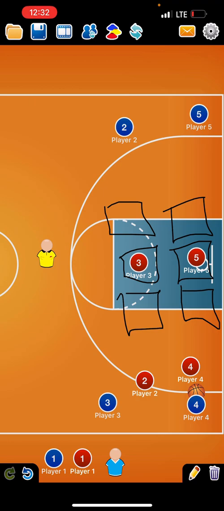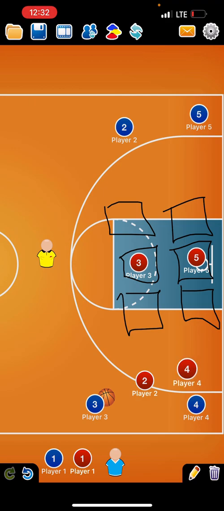Okay, now we have a baseline drive. So usually the first scenario for baseline drives is whether the wing might be up here, or the wing receives a pass from the guard, or the wing dribbles to the wing spot with the ball.